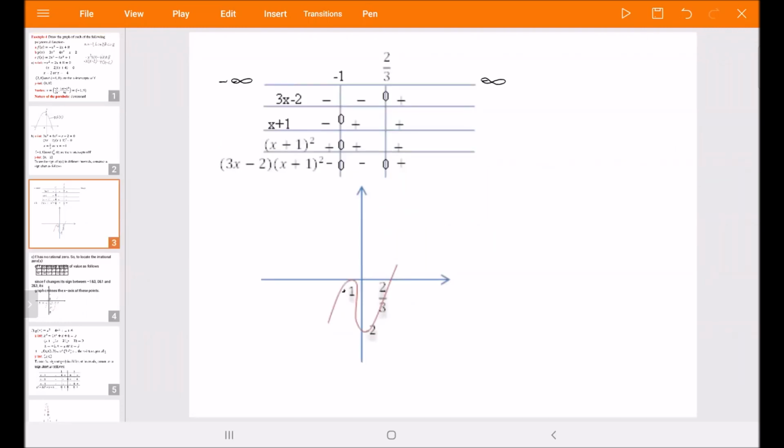And in sketching the graph of a polynomial, you have to always remember that sharp corner is not allowed. The graph of a polynomial is simply a smooth curve, just like this. So these peaks and valleys on the graph of a polynomial, they are called local extremums.